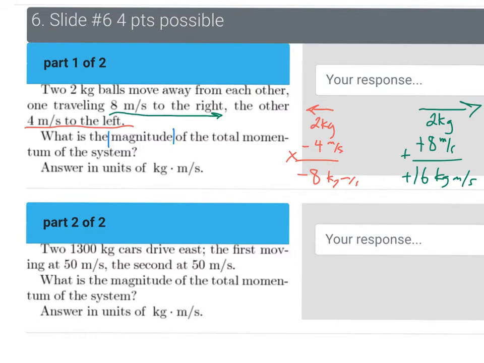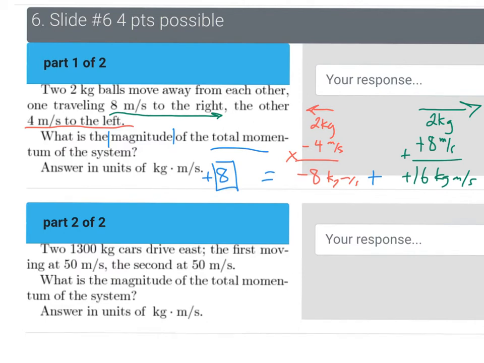To find the total momentum, we're going to take these two and add them together. And of course, 16 minus 8 will give us positive 8 kilogram meters per second. Since it's asking for magnitude, then we are just going to put in the number without the sign.